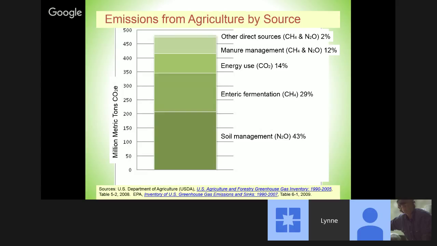Another approximately 30% from enteric fermentation, so having livestock, and the amount of methane that they are producing does depend on the feeds that they're on.